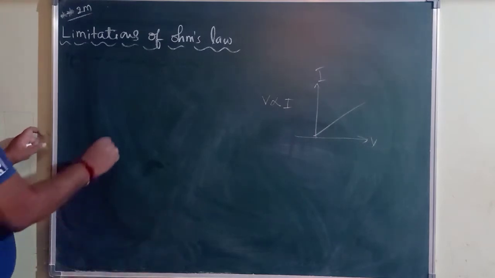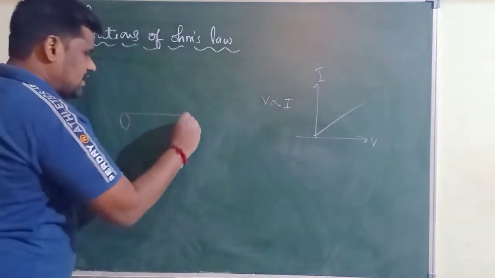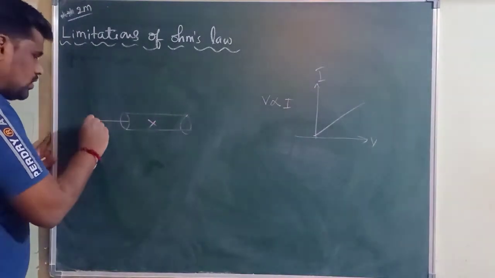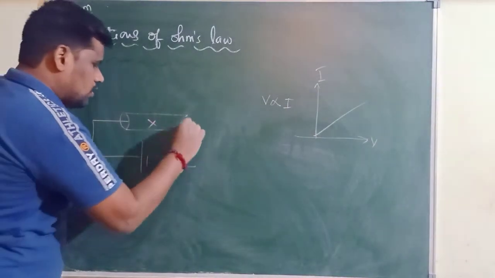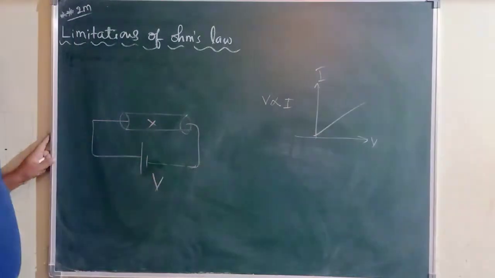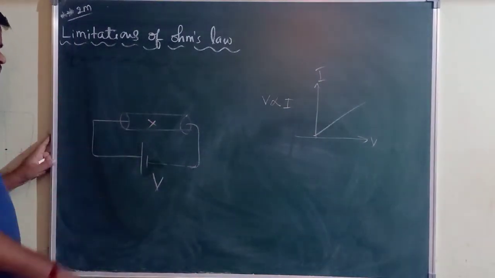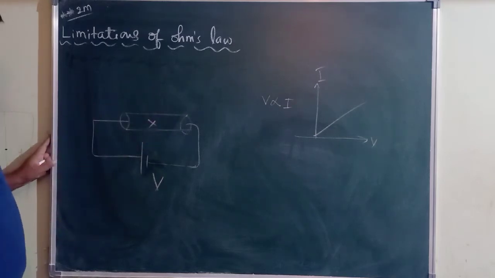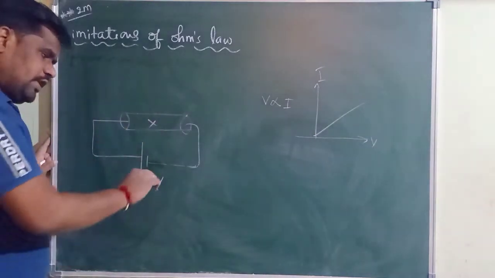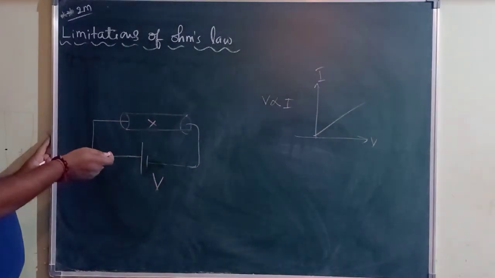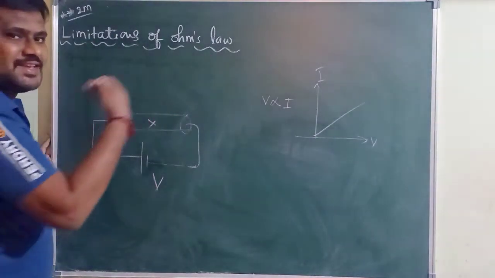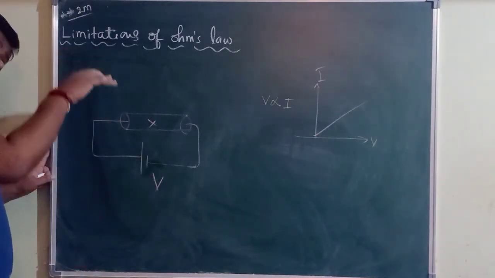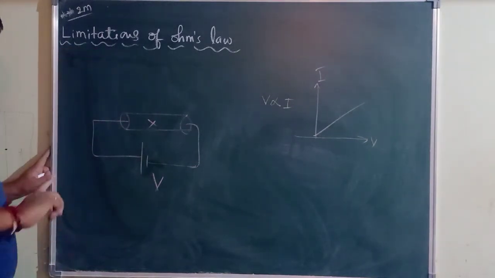Say for example, X is a conductor. Across this conductor you apply voltage. You keep on increasing the voltage and the current also changes. How should the current change? If we increase the voltage, current should increase in the same proportion. If you decrease the voltage, the current should decrease in the same proportion.